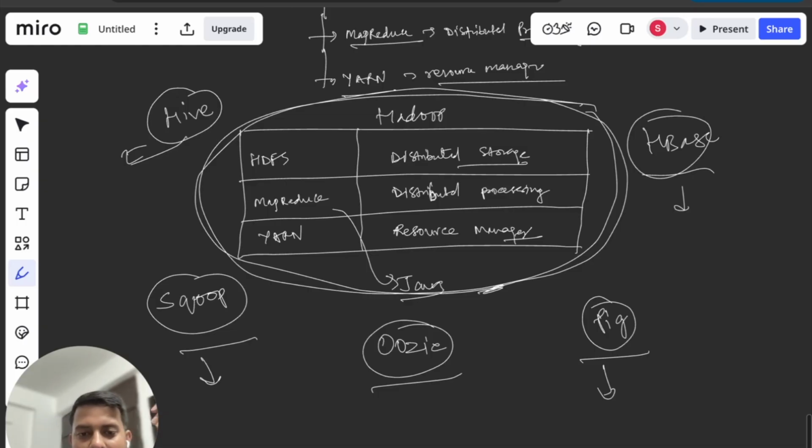If you want quick lookup in a NoSQL database, you can go for HBase. To understand it another way, the cloud alternative: just like for Sqoop we have ADF, for this we have Cosmos DB.